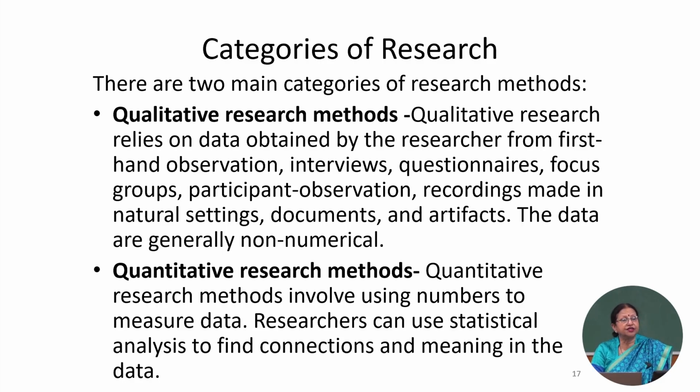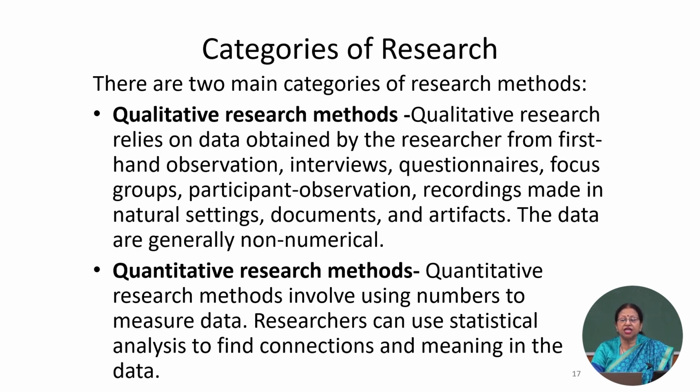Now, coming to categories of research, there are two main categories of research methods, and we have learned this in the past: the qualitative research methods and the quantitative research methods.